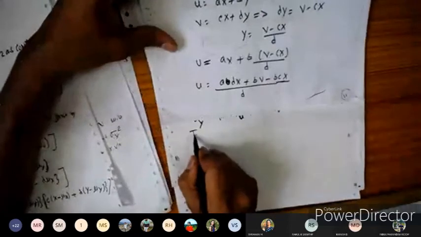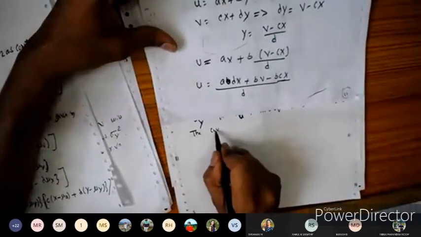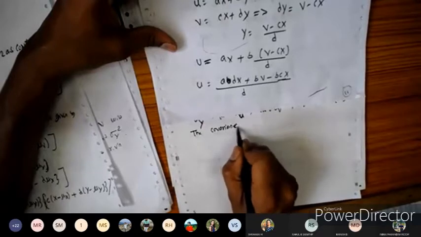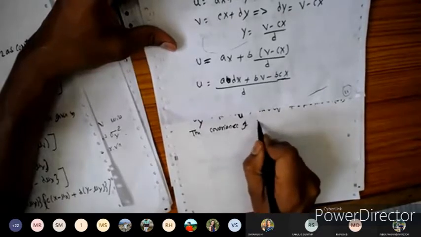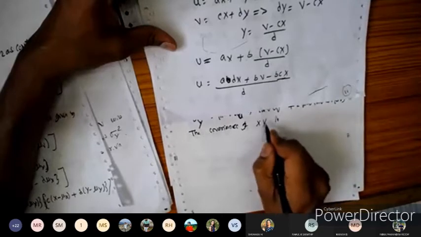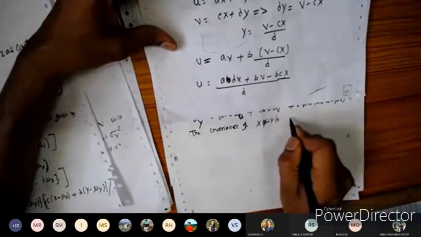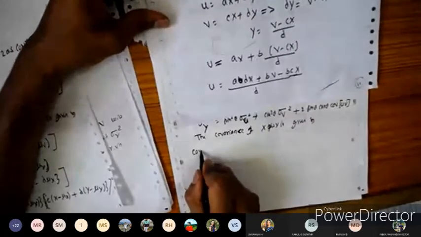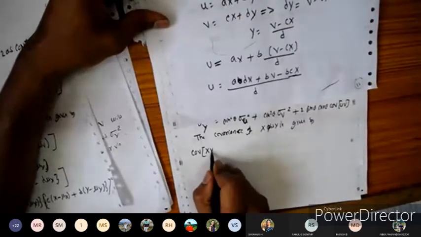So I can take the covariance of x and y. The covariance of the random variables x and y is given by, I'm going to write the expression in terms of the values.